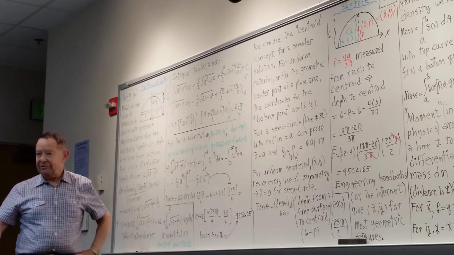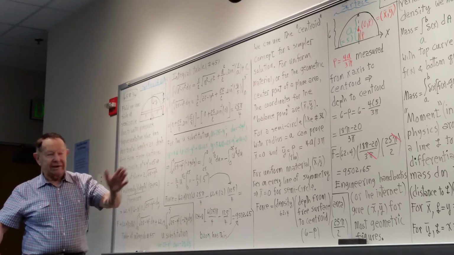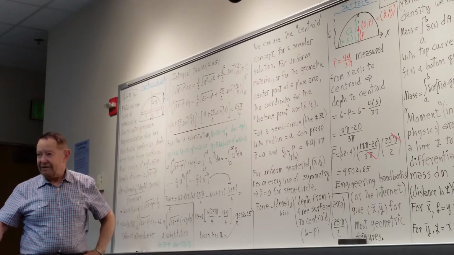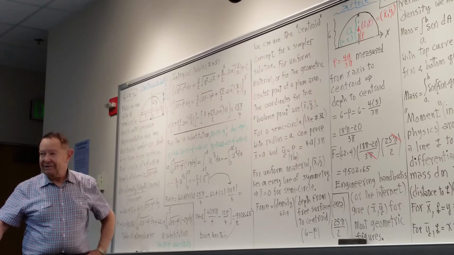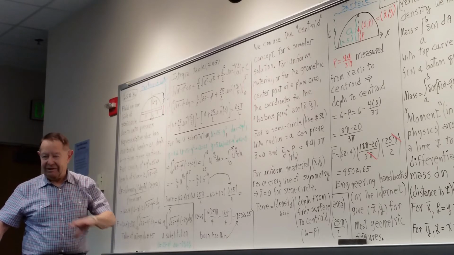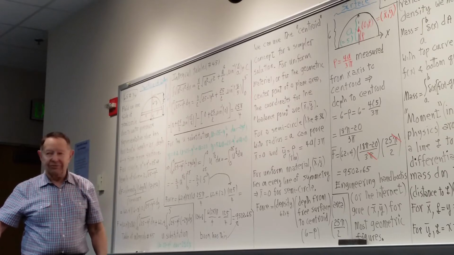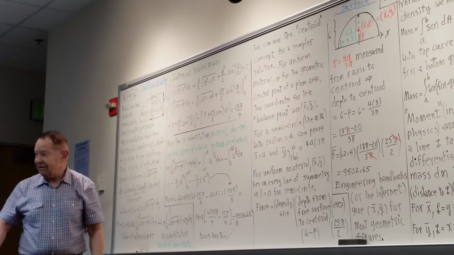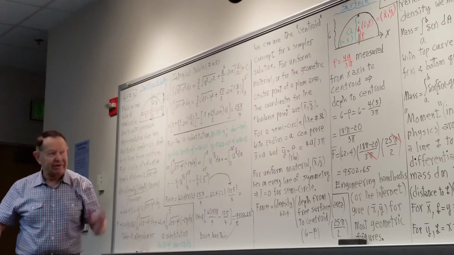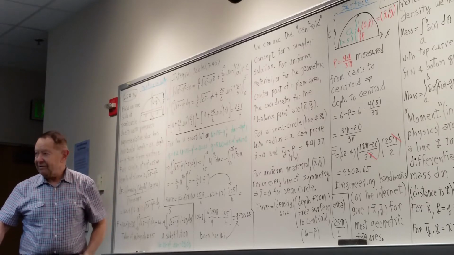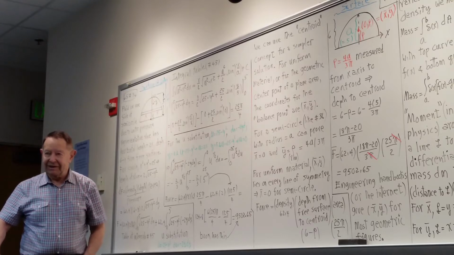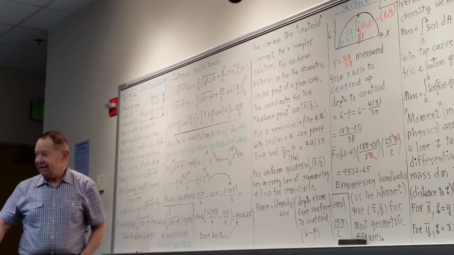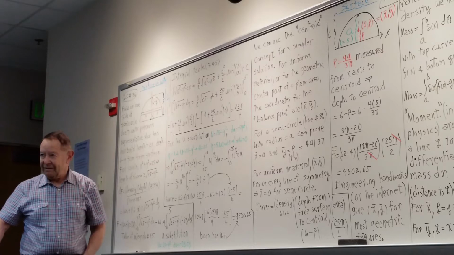So what people do if they're working a practical problem of this sort is either they go to an engineering handbook where there's drawings of all kinds of geometric figures that anybody might have, and where it shows what the coordinates are of the centroid, or else you could go to the internet and find a site there where you could get it.